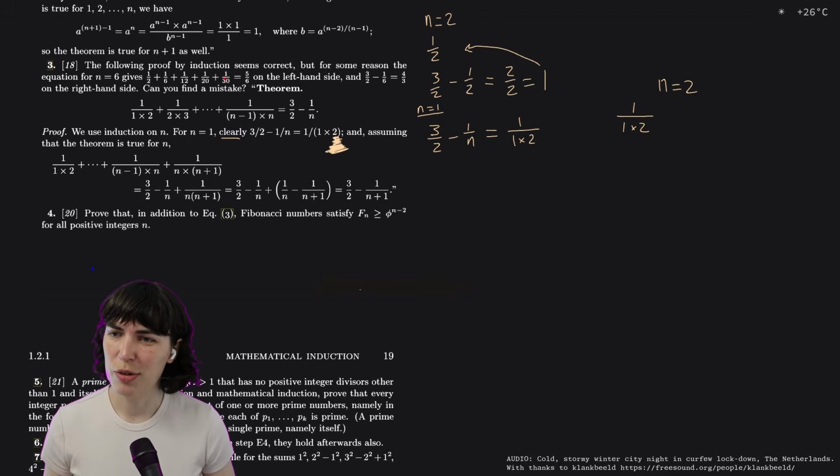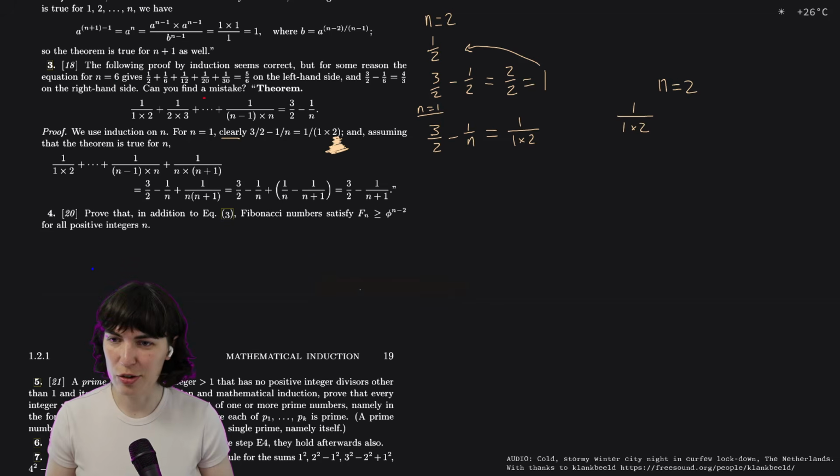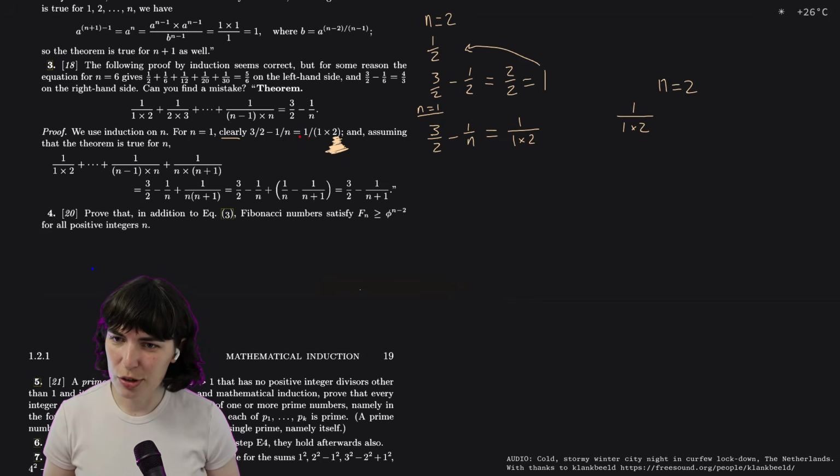So n equals 5 should end with 4 times 5. N equals 4 should be 3 times 4. N equals 3 should be 2 times 3. N equals 2 should be 1 times 2. N equals 1 should be 1 times 0. And that's not right. So he's got this bit muddled up.